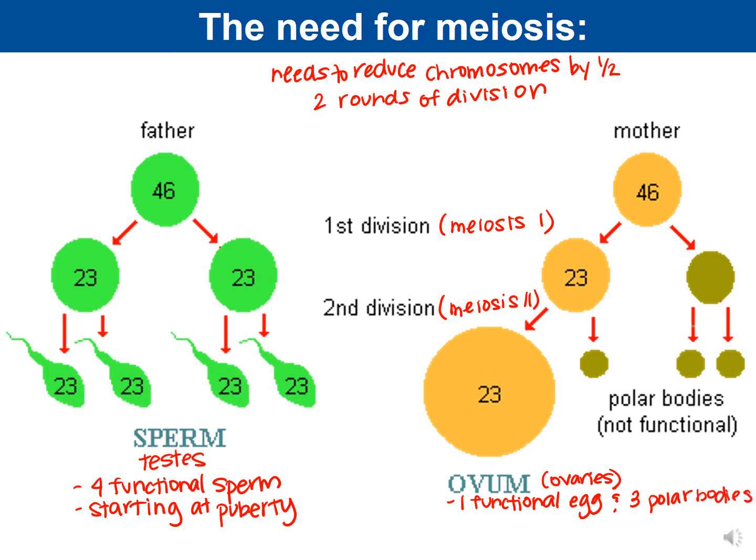And these polar bodies are support cells. They're not functional gametes. And so in oogenesis, we don't end up with 4 functional gametes. We end up with 1 functional gamete and 3 polar bodies, which are support cells. In females, females begin oogenesis when they're still in their mother's womb. So this occurs before birth.